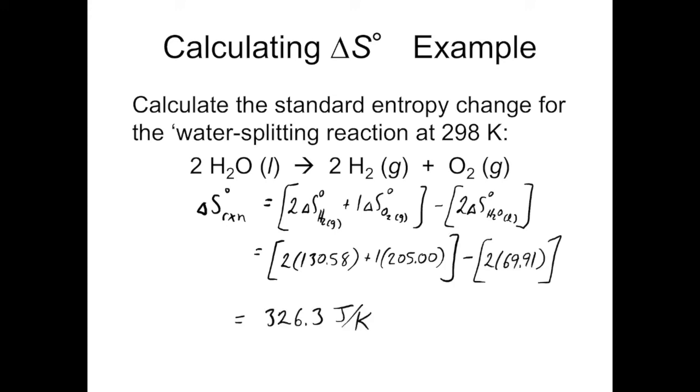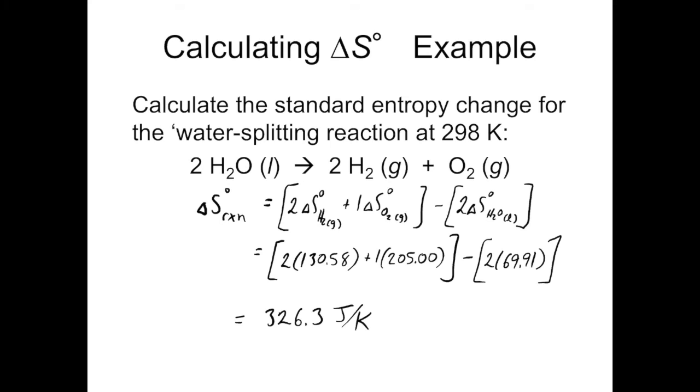And at the end, we find that the delta S for this whole reaction is 326.3 joules per Kelvin. Please note that in this case, the units are joules per Kelvin and not joules per mole Kelvin. The mole has been removed from the expression because we use the molar coefficients.